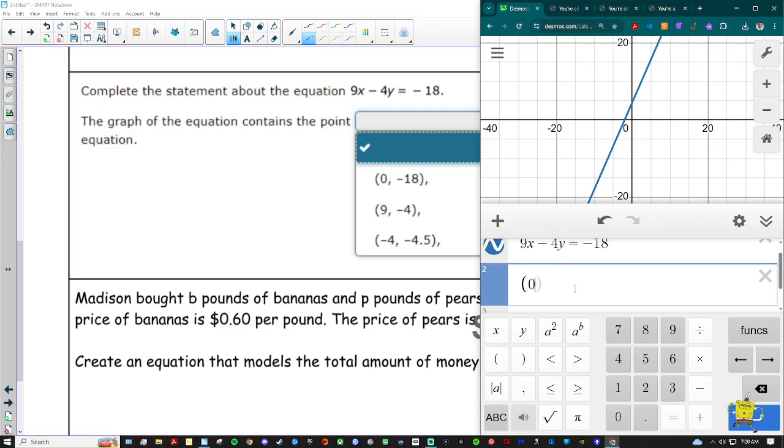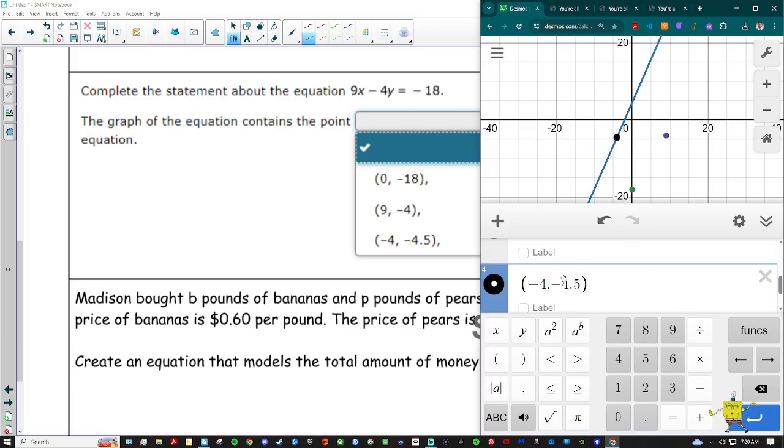Okay, we type in 0, negative 18. We can type in 9, negative 4. And we can type in the point negative 4, negative 4.5.